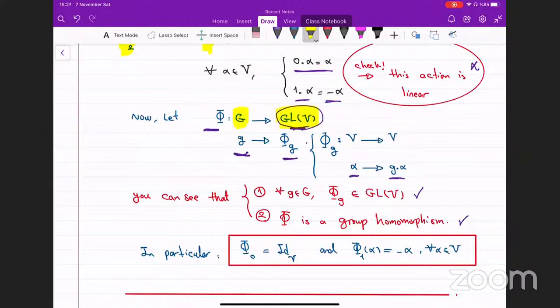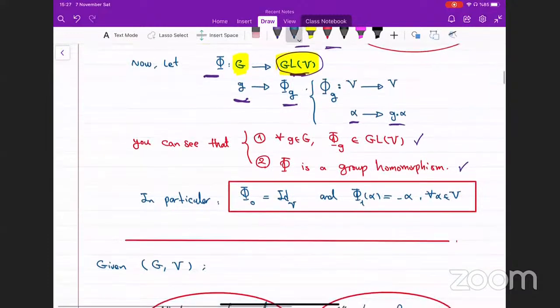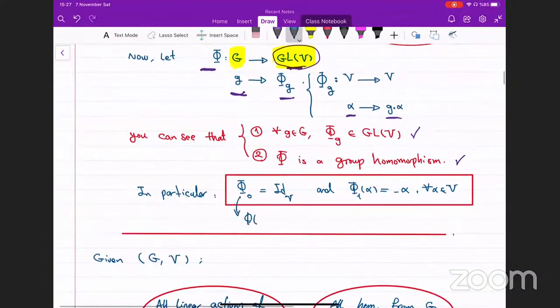So phi index 0, which is phi of the identity of G, must be the identity of GL(V), which is ID, the identity linear transformation on V. And phi index 1, which is phi of 1 bar, the generator of Z2, is exactly minus alpha because of this way of defining phi index G. So this was just one example of a linear action of a group on a vector space.